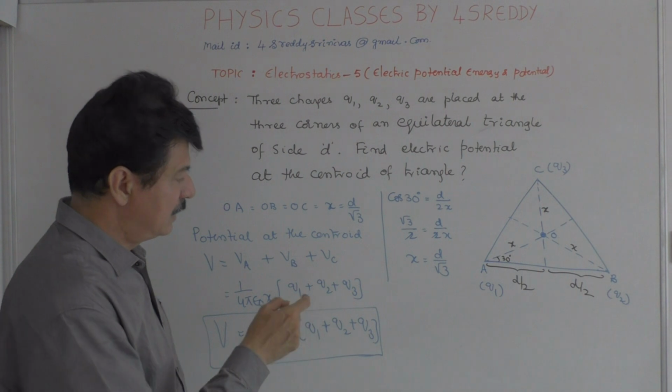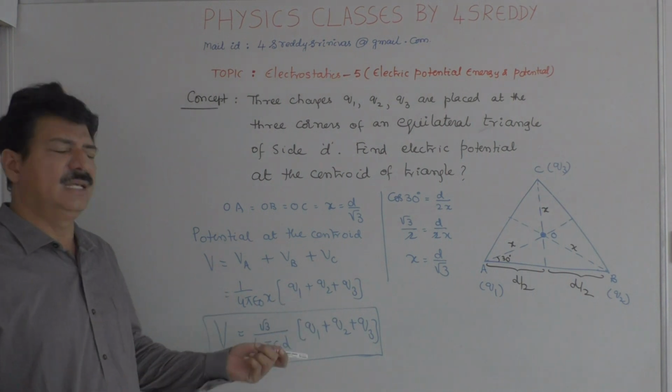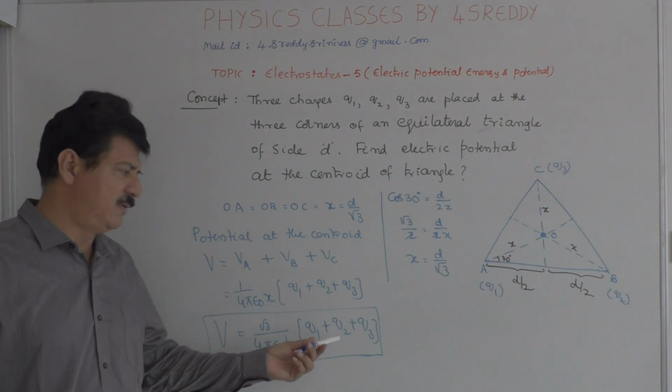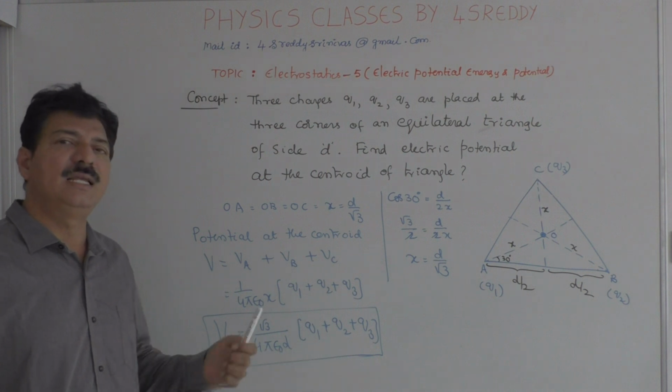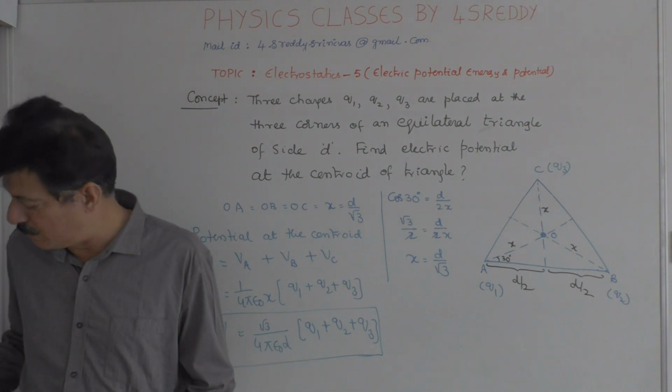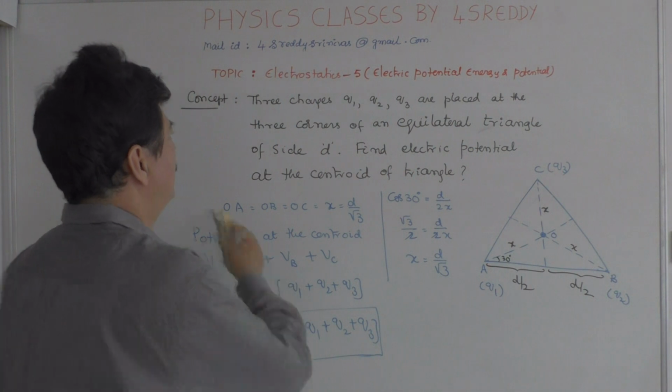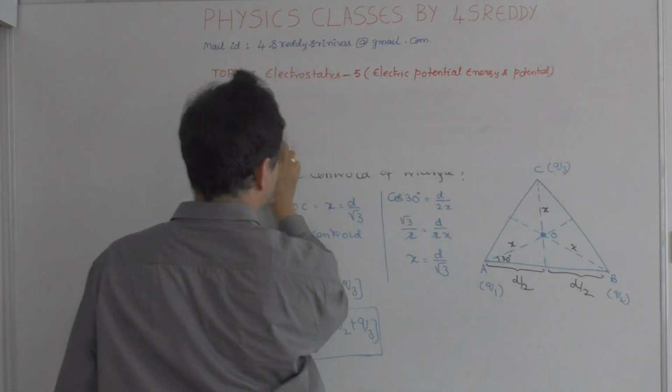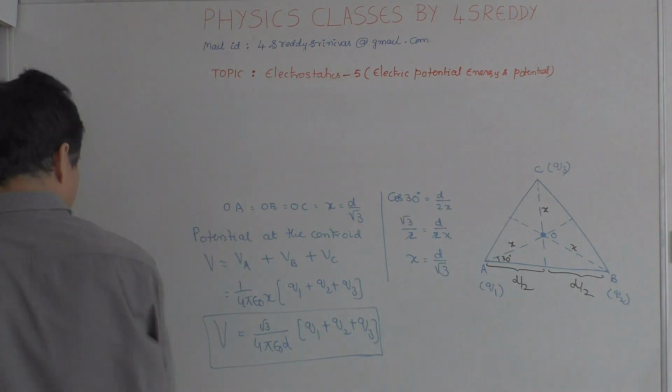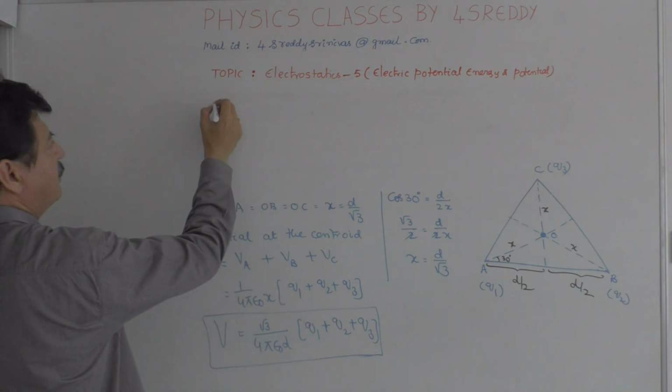side D. Therefore, for any given numerical, if Q1, Q2, Q3 values are known, we can easily calculate the potential. For example, here also you can take some example.